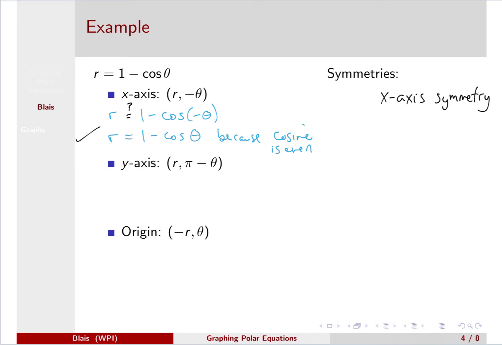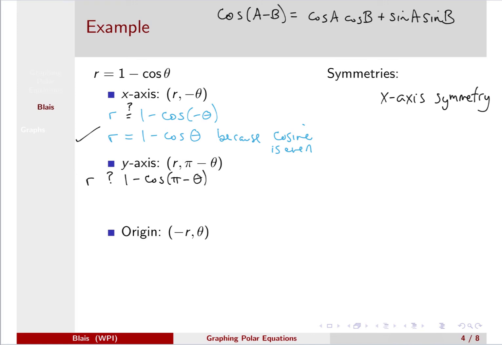How about y-axis symmetry? Well, we could check r and 1 minus cosine of pi minus theta. We can use our identity that cosine of a minus b is equal to cosine of a times cosine of b plus sine of a times sine of b, where pi plays the role of a and theta plays the role of b.